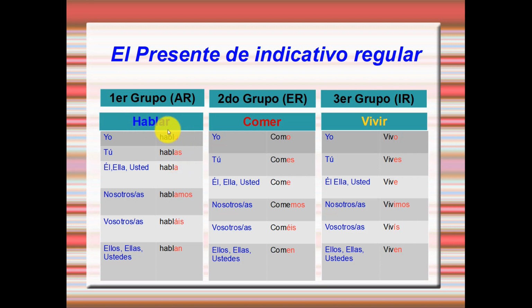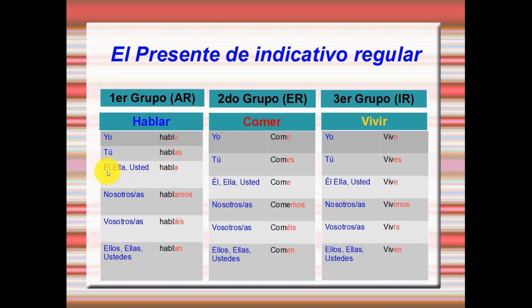For the regular verbs in the first group, the endings are always the same. For example, yo hablo, so for yo, the ending is always O. Tú hablas, the ending is always AS.